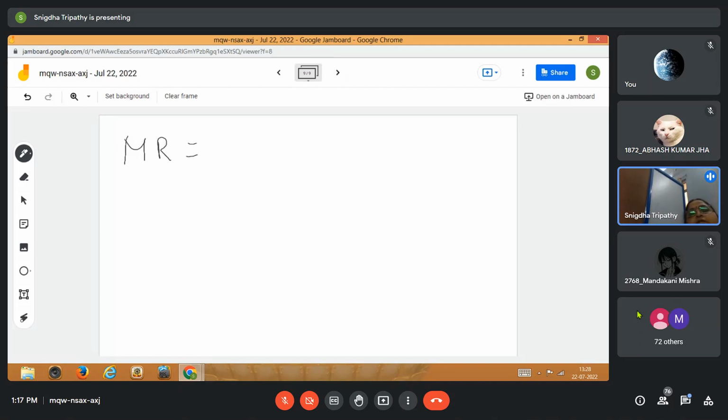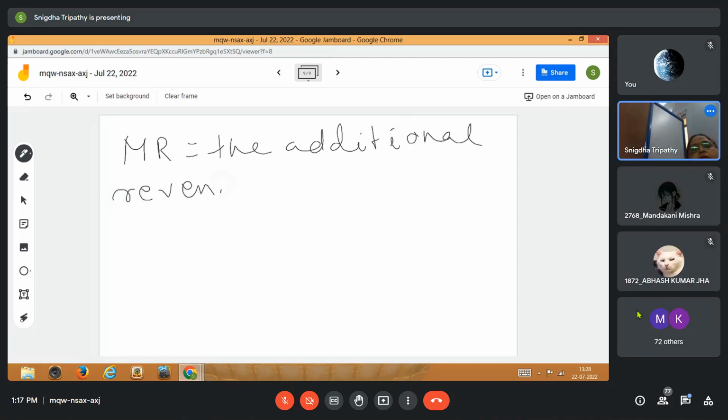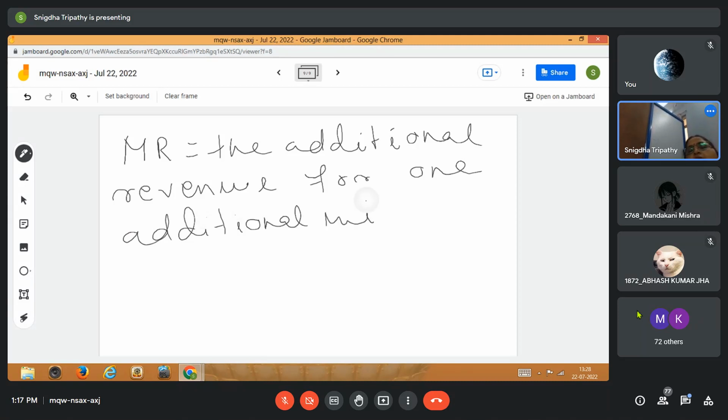Marginal revenue is the additional revenue for one additional unit of sale.